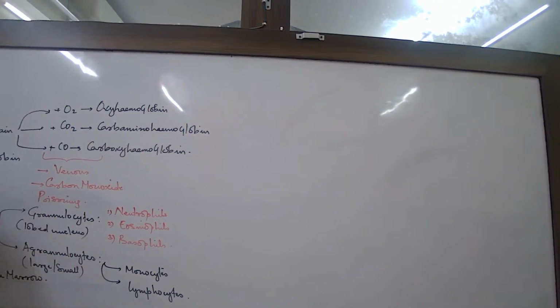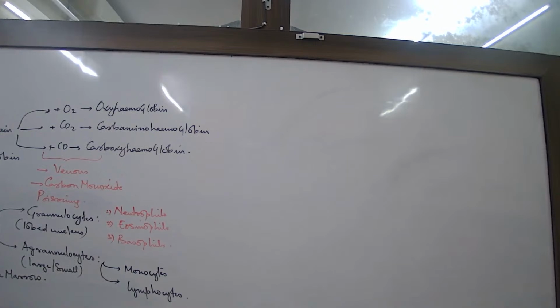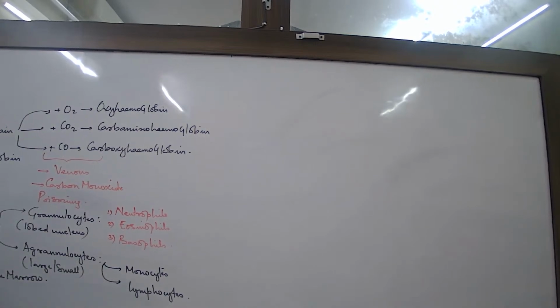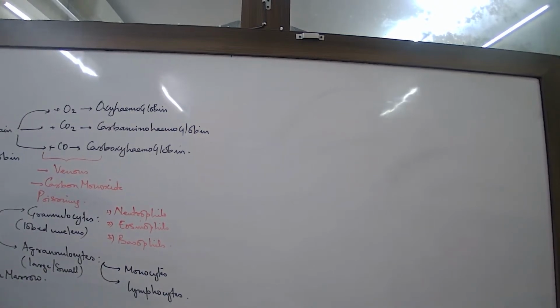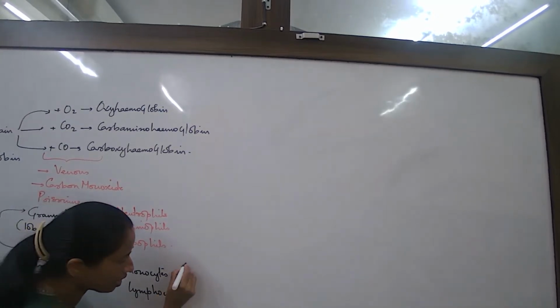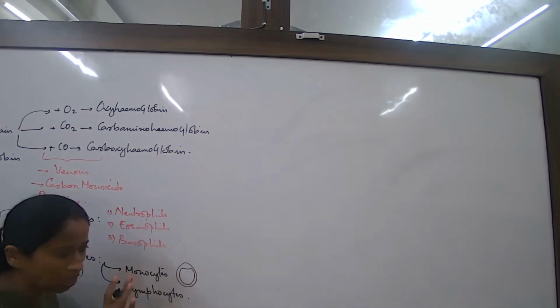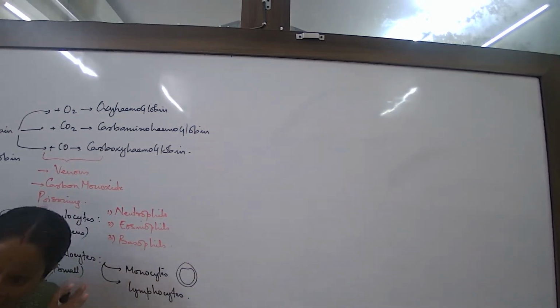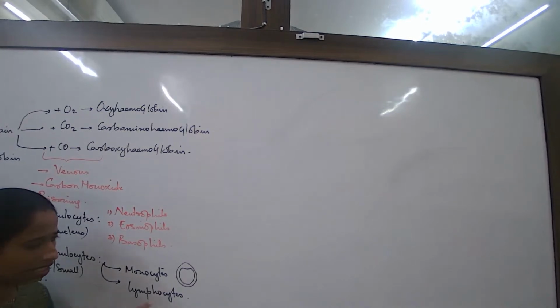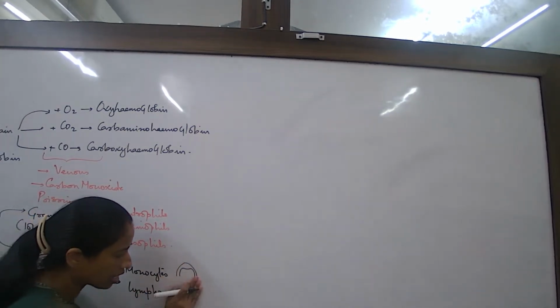When I'm talking about the nuclear region, if I talk about the lymphocytes, the nuclear regions are comparatively small as compared to monocytes. Monocytes majorly would be a cell where the nucleus is almost covering the entire region of the cell, leaving a small rim of the cytoplasm.